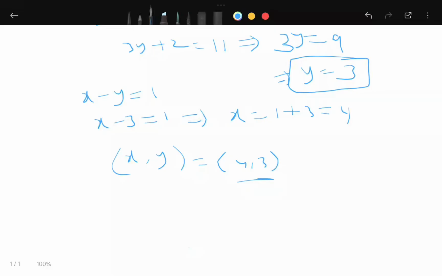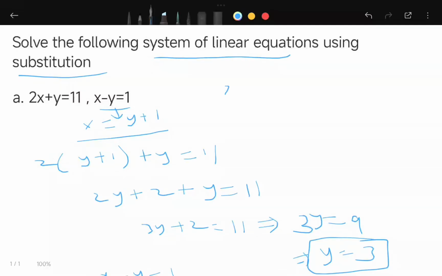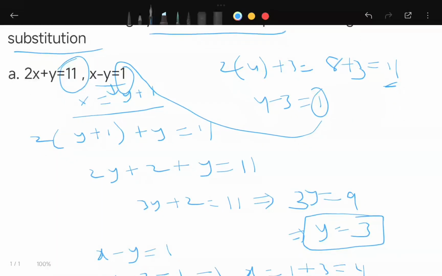Let us substitute this in the original equations to verify whether it satisfies or not. 4 comma 3. First equation, 2 into 4 plus 3 equals 8 plus 3, which is 11. Same, so satisfied. Similarly, second, 4 minus 3 equals 1. Given also 1, so satisfied. So the solution is 4 comma 3.